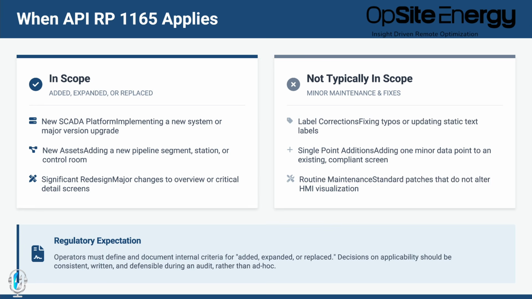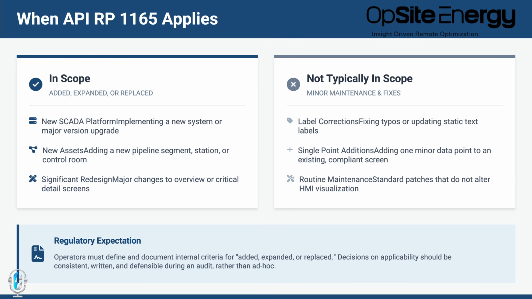Right. So that could be like we have here, some typos, some updates that don't impact display parameters, right? That are not necessarily going to trigger 1165. But you have to be able to identify that if it's a symbol, it could be colors, it could be the controller interface.